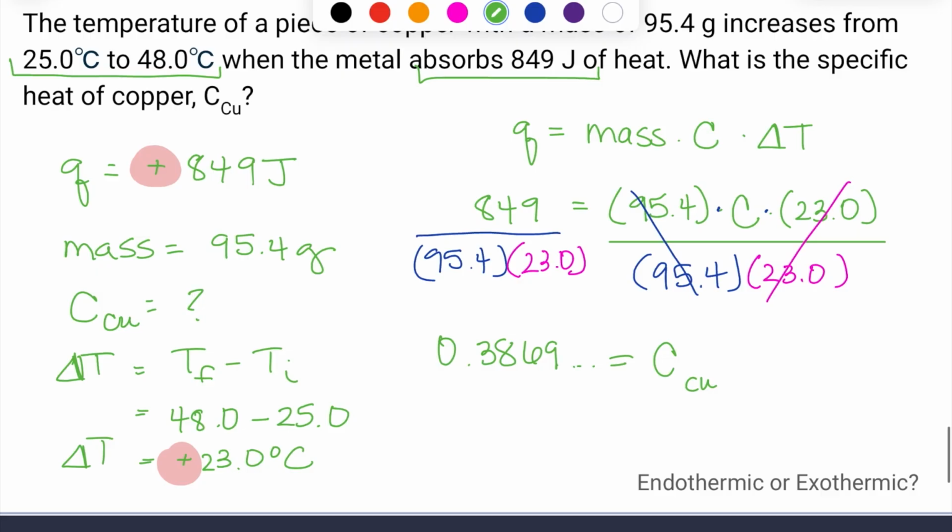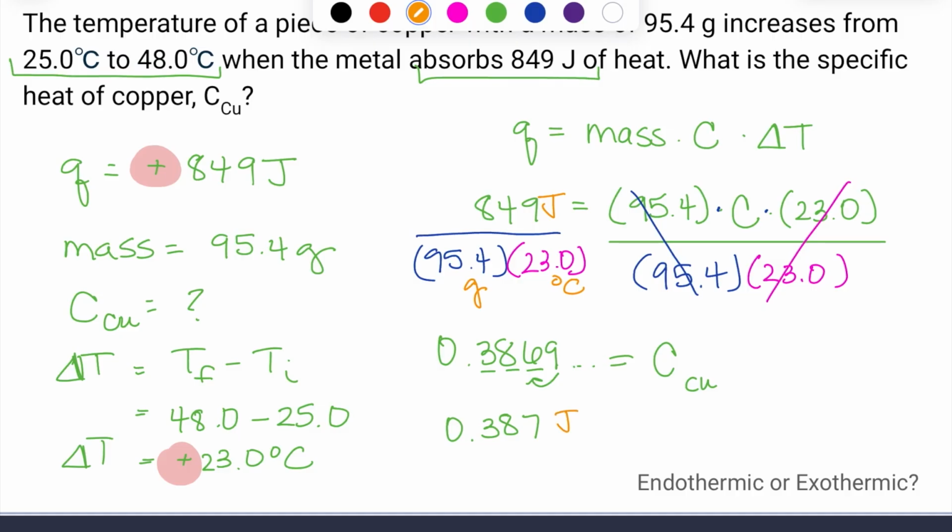Let's look at our sig figs. We've got 849 is 3 sig figs, 95.4 is 3, 23.0 is 3. So we're going to keep those 3 places. So we'll have 0.387. And then as we look at our units, we've got joules, we've got grams, we've got degrees Celsius.